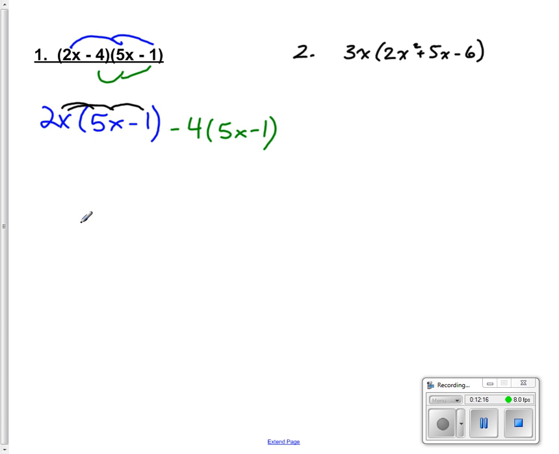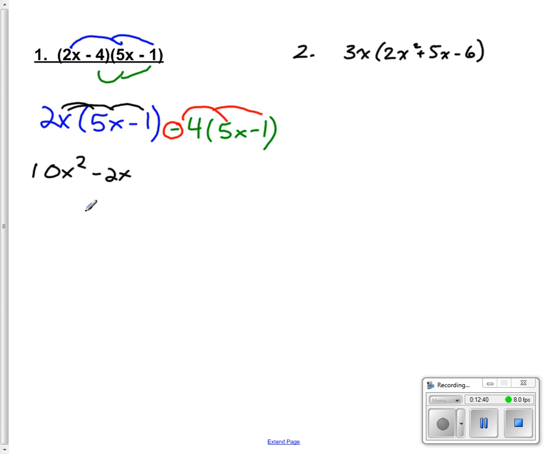So twice: 2x times 5x, 2 times 5 gives us 10. X times x is an x squared. Second one, 2x times negative 1 is a negative 2x. Over on the other side, doing the same thing. Again, remember, you must distribute this as a negative 4. You can't just make that first term negative and leave the other one.